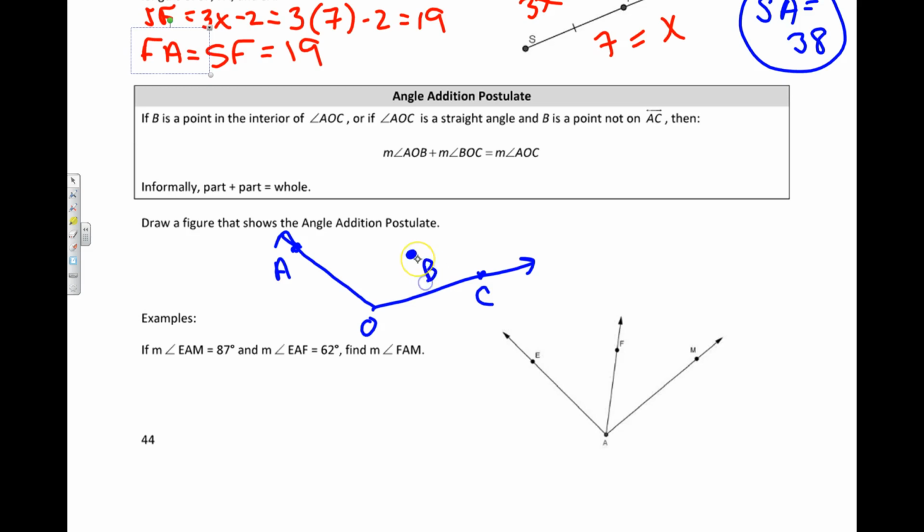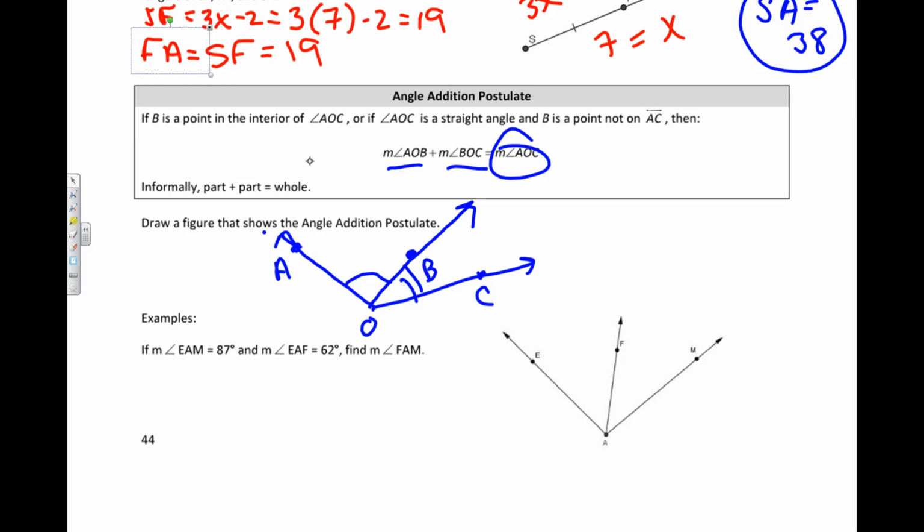I'm going to label it B. It looks like we're going to make that into an angle at some point, so I'm going to put a ray through B. Looking at this, AOB, that's this angle right here, plus BOC, that's this angle right here, those have to add to angle AOC, the big angle. So that is in fact my part plus part equals whole, just like I had before.